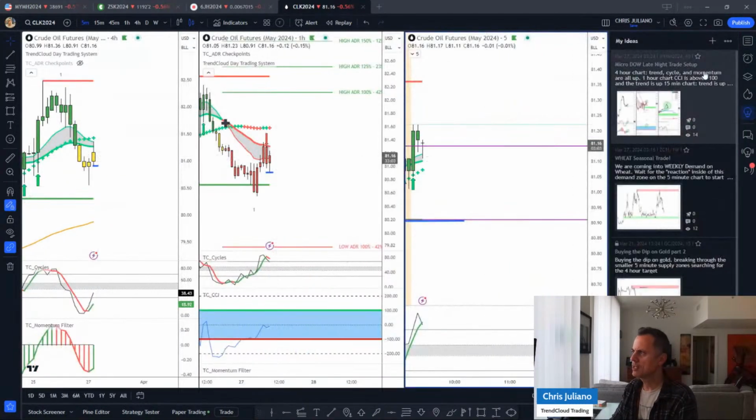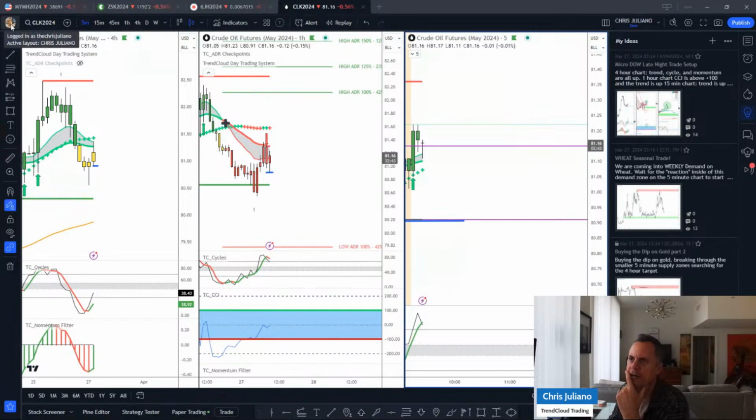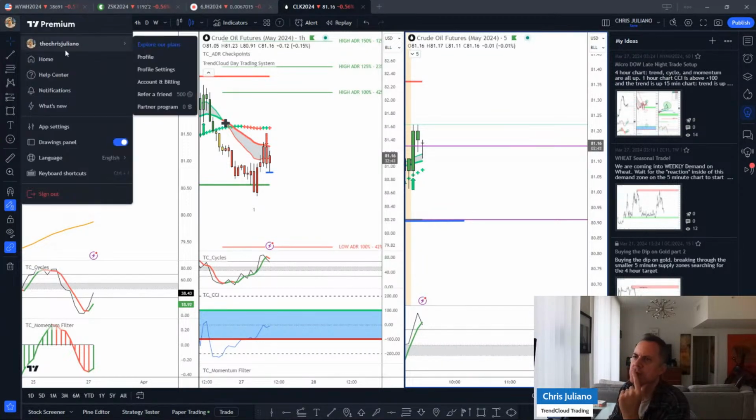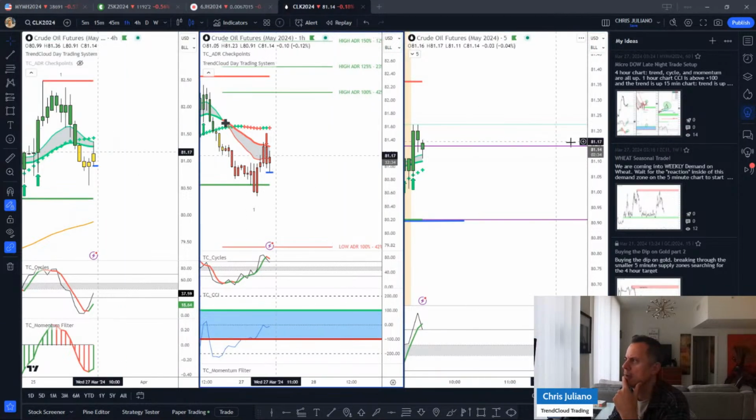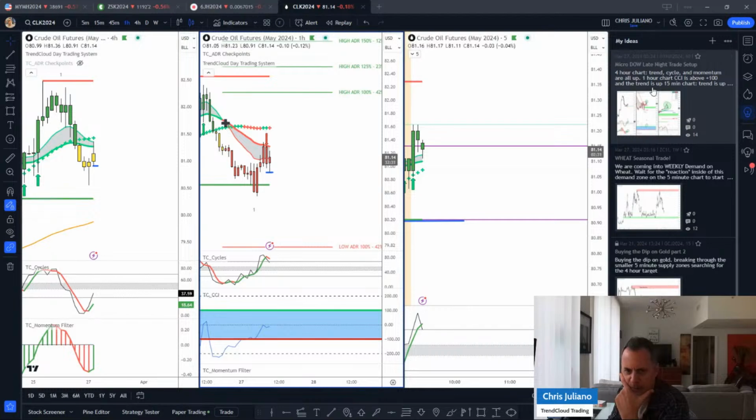If you guys take a look at the micro Dow late night trade setup on TradingView, go over to the light bulb. This one here, it'll say ideas stream, and go to my profile, and you'll see the trade that I posted late last night.